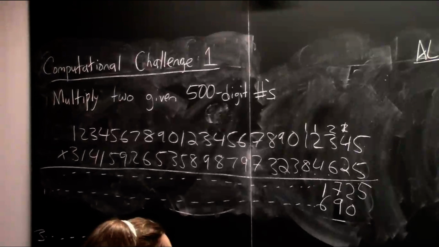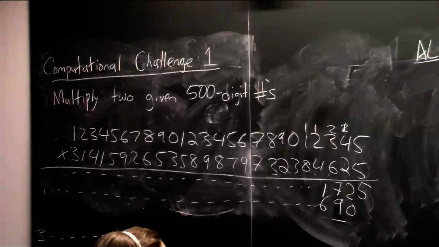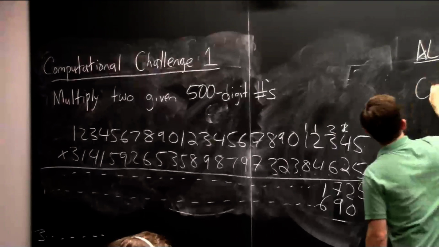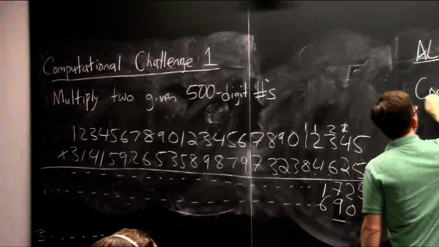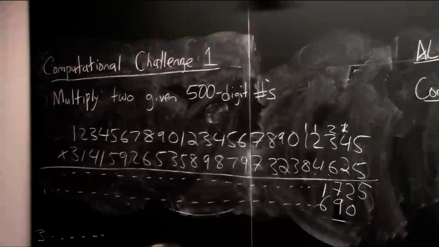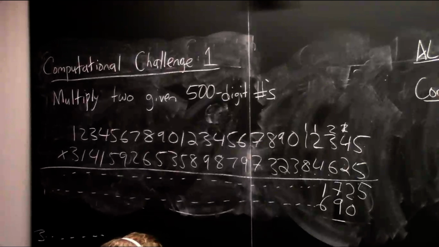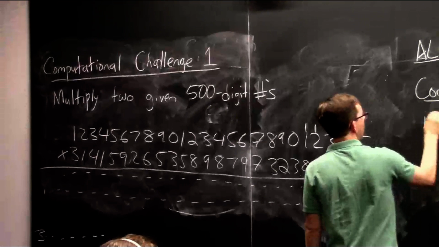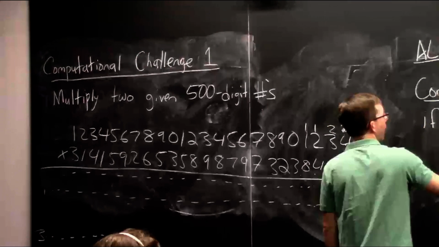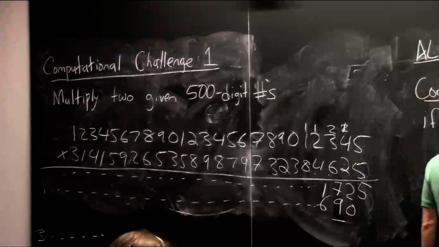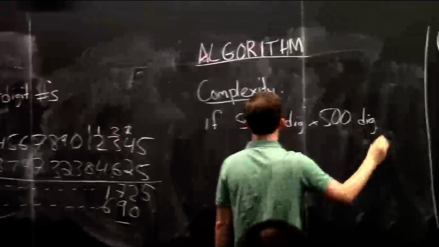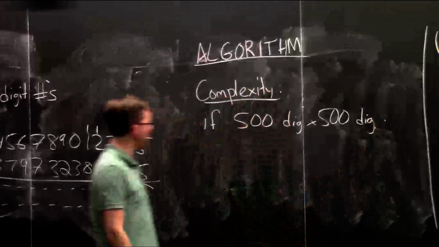Okay, so computational efficiency and computational complexity is concerned with understanding how many steps an algorithm takes. I did it with an illustration with 25-digit numbers, but if you're doing this algorithm on 500-digit by 500-digit multiplication, how many steps does it take?